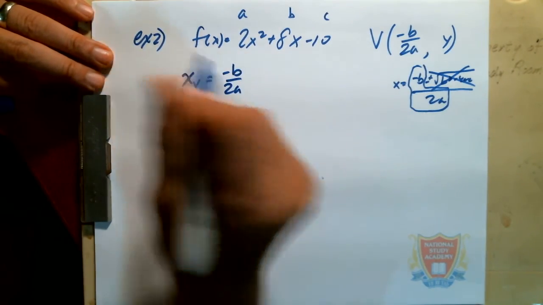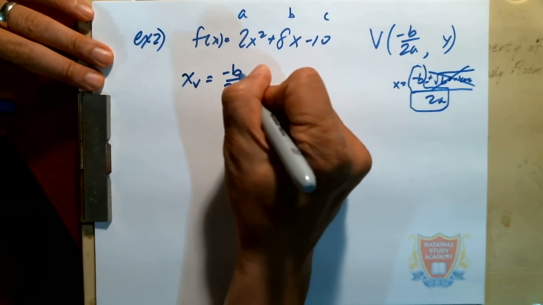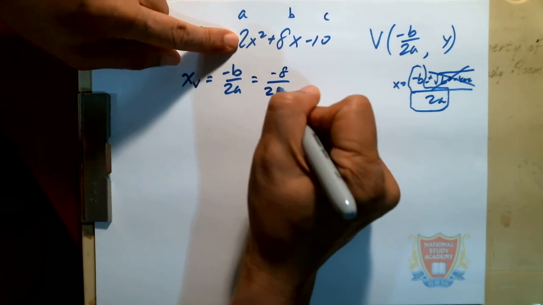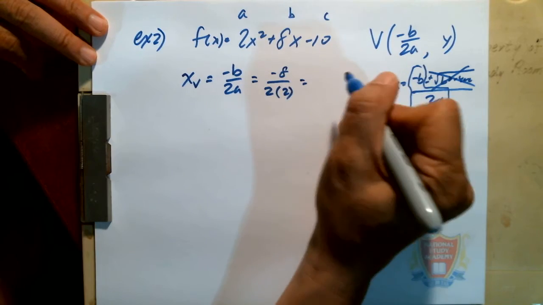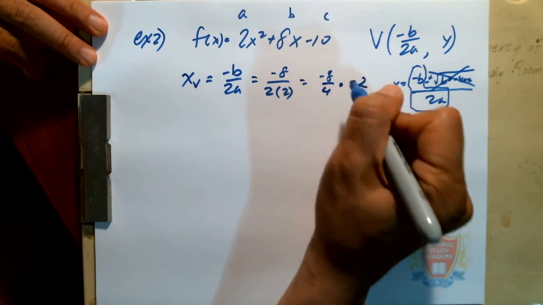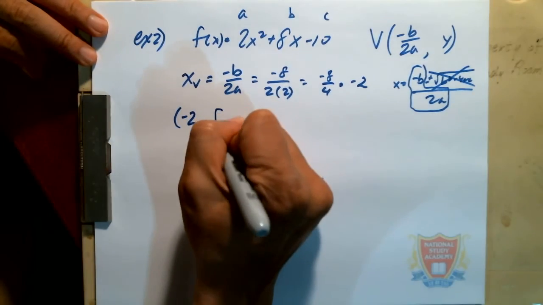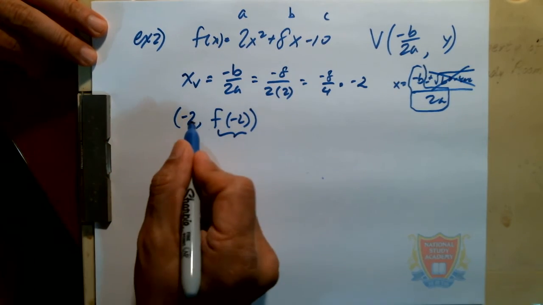Always write the formula down until you get it memorized forwards, backwards, in your sleep. -b, which is -8, all over 2 times 2. That's my a value. Simplifying that, I get -8 over 4, which is equal to -2. That's your x-coordinate. So it's going to be -2, f of -2, whatever your y value is for that coordinate.